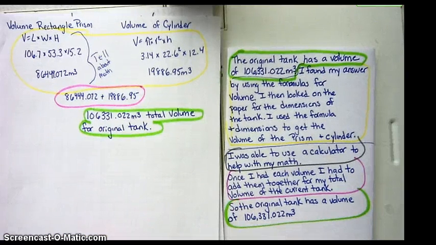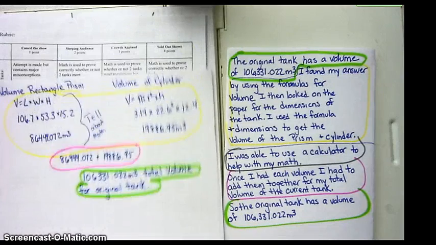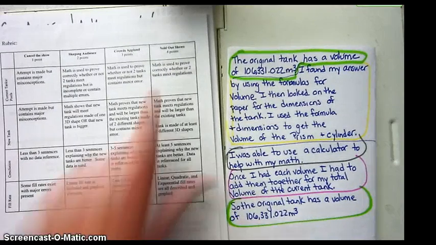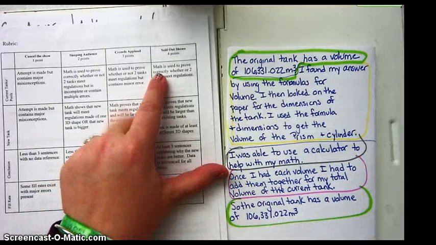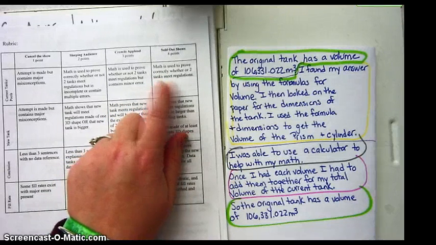But something tells me I'm not quite done with my writing yet. Let me go back to the rubric. On the rubric, in order to get full credit, I have to have the math used, well I have that, and prove whether or not the 2 tanks meet regulations.